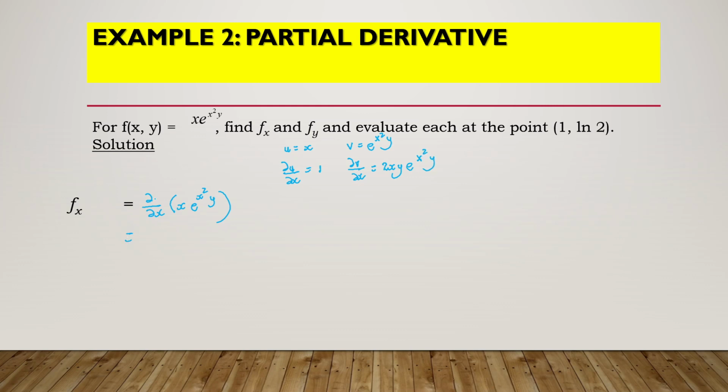So fx, using the product rule u del v del x plus v del u del x, is 2x squared y e^(x squared y) plus e^(x squared y). So this is fx.